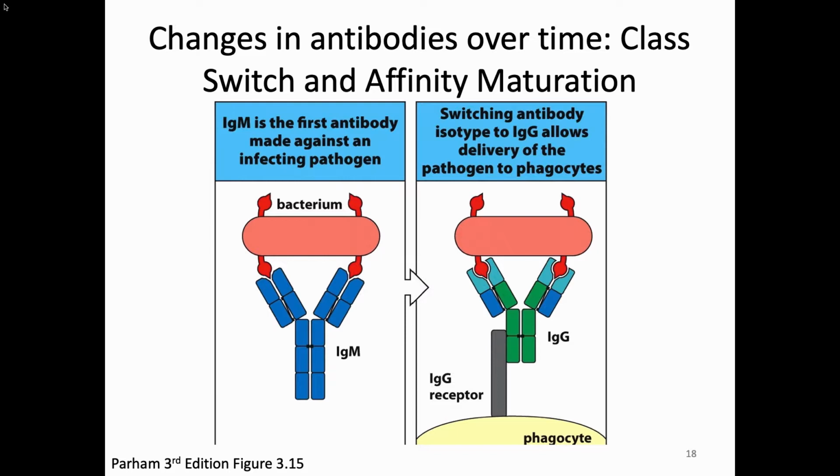So we can see responses where perhaps a particular pathogen would be combated really well by IgE. We can see a situation where the same variable region is put with a different constant region, thus allowing you to have an IgE response to that antigen. I see all the faces already.